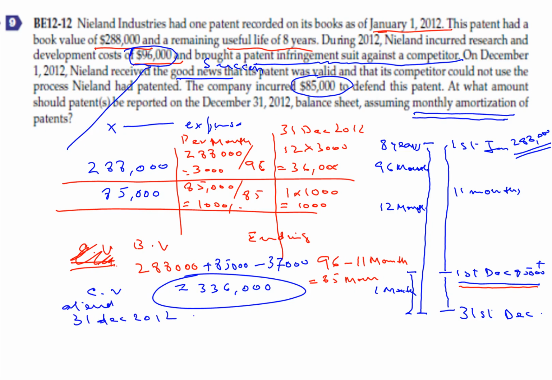Now I guess we have learned how to time the additional incurred cost. We have learned how to amortize them. We have learned how to find out the beginning value, how to find out the carrying value, what to add, what to subtract. We have learned how to timeline them. So I hope this gives you the basic intuition of such problems, and the numbers can change.